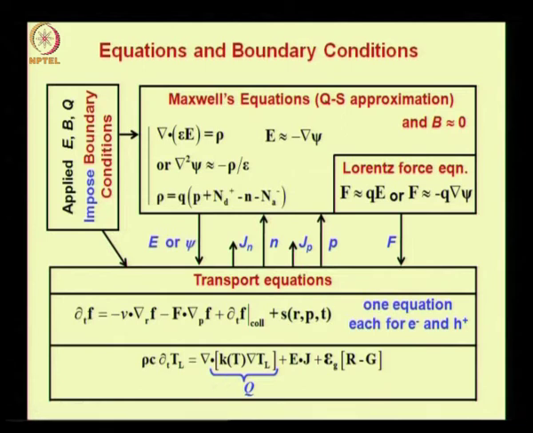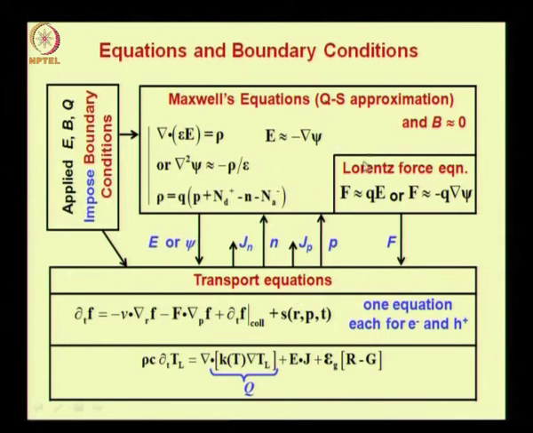So now what we find at this point is that we have a total of 6 equations, 3 equations of electromagnetic field and 3 equations of carrier transport. The equations of carrier transport consist of 2 Boltzmann transport equations, one for electron and one for hole, and the equation for heat flux. So the connection between the 2 sets of equations is shown here.